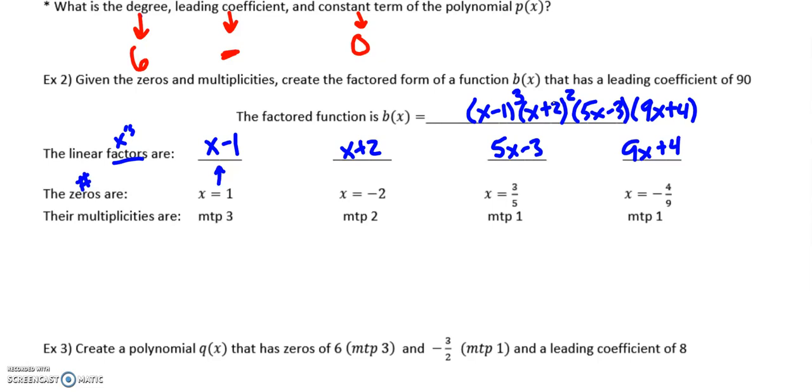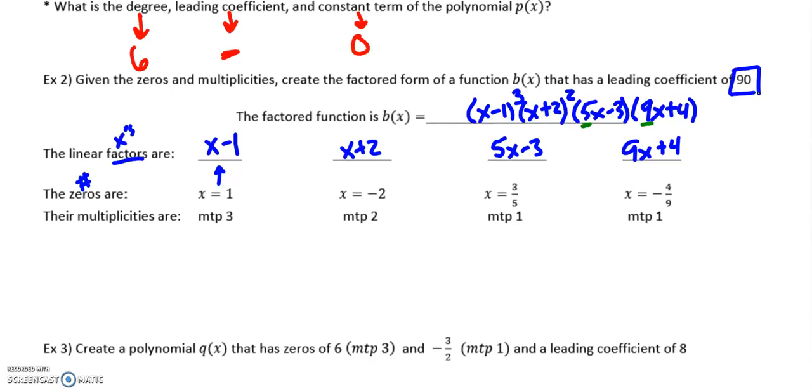So if I look at my leading coefficient right now, it is, let's see, 5 times 9, and then there's a whole lot of 1s with these two. So 5 times 9 gives me 45. The problem is 45 isn't what I'm supposed to have with 90, and that's where that scalar out front comes in.